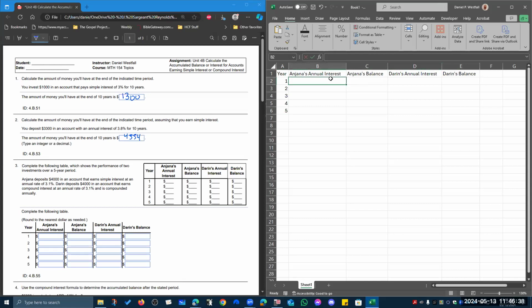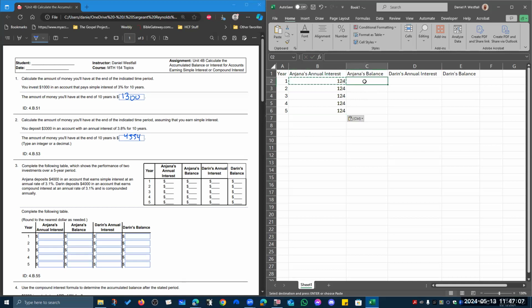So we're going to find the interest here is going to be equal to the $4,000 that's deposited times the 3.1% interest, and that's just for 1 year, and we get $124 that's going to be added each time.